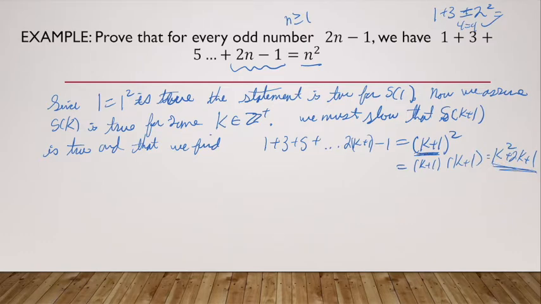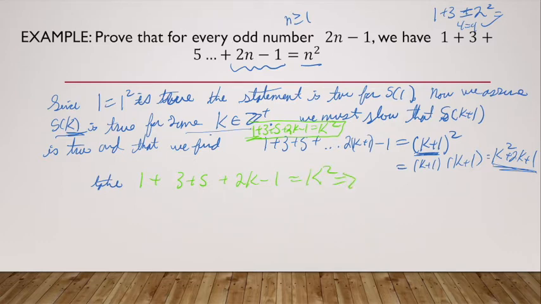So if S of k is true for some k, oh, I skipped a step. So I need to find 1 plus 3 plus 5 plus ... 2k minus 1 equals k squared. So this is the step I take first, right? And what I have to do next is add 2 times k plus 1 minus 1 to both sides.